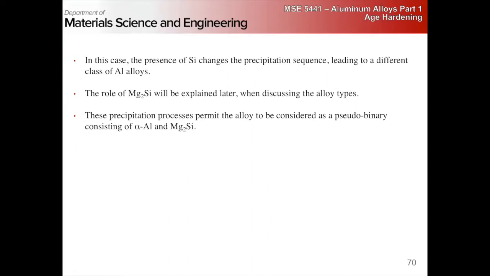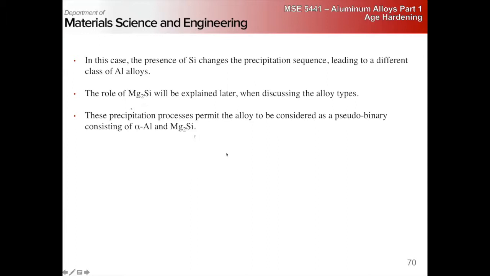So it's a completely different class of alloy, the 2-component versus the 3-component magnesium aluminum silicon. When we look at the commercially relevant alloys, I'll explain later why Mg2Si matters.